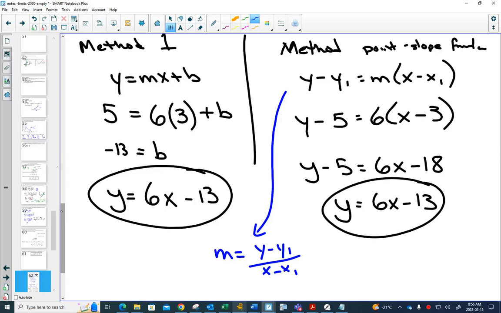So sometimes that helps people remember. Okay? But I agree. I remember y equals mx plus b way better than the point-slope formula.